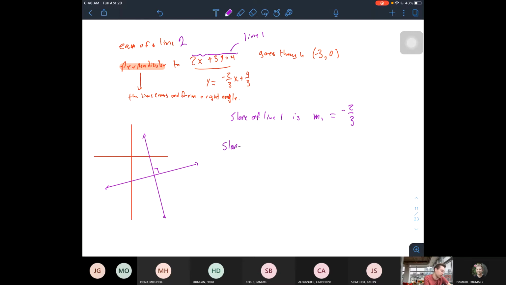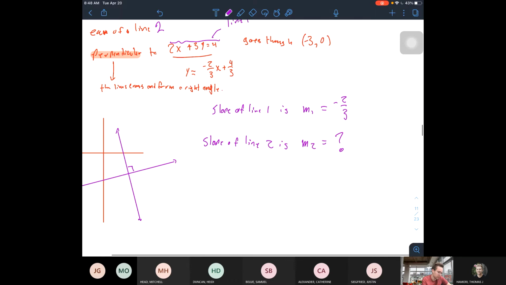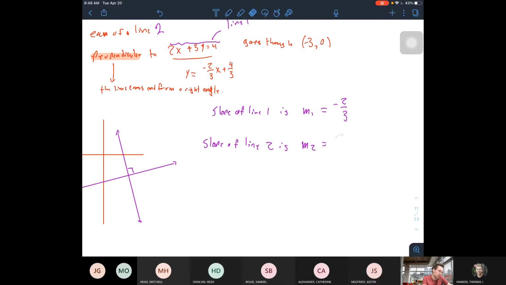How do we find the slope of line 2, which is perpendicular to line 1? Very good, Catherine. Negative reciprocal. The slope of a line perpendicular to line 1 will be equal to -1/m1.